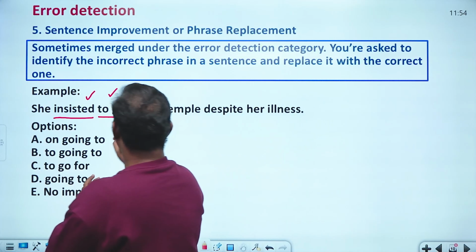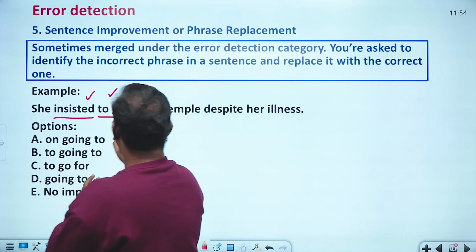So here I'm going to take the complete sentence and write it down. She insisted on going to.